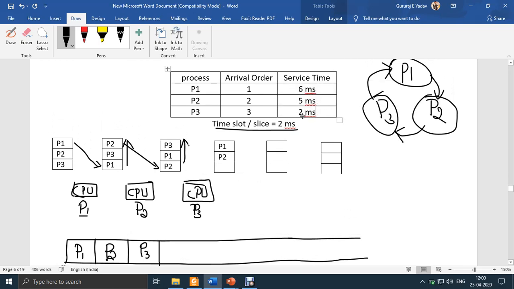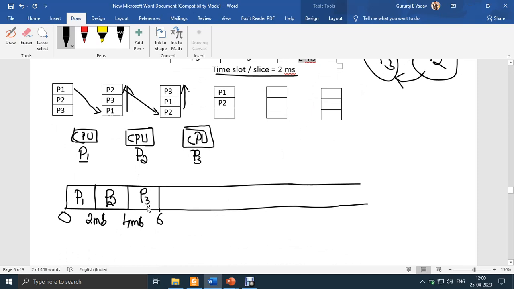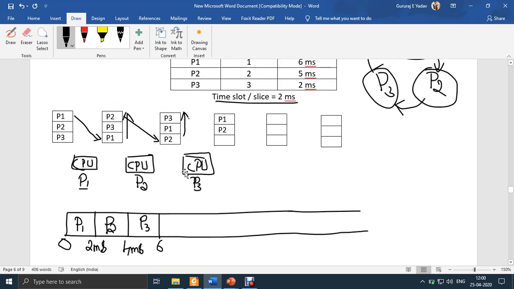Keep this in mind: how much time does P3 require to complete? It requires only 2 milliseconds to complete, and you have given P3 2 milliseconds, from 4 to 6. So P3 completes. Since P3 completes, it will not enter the ready queue once again.